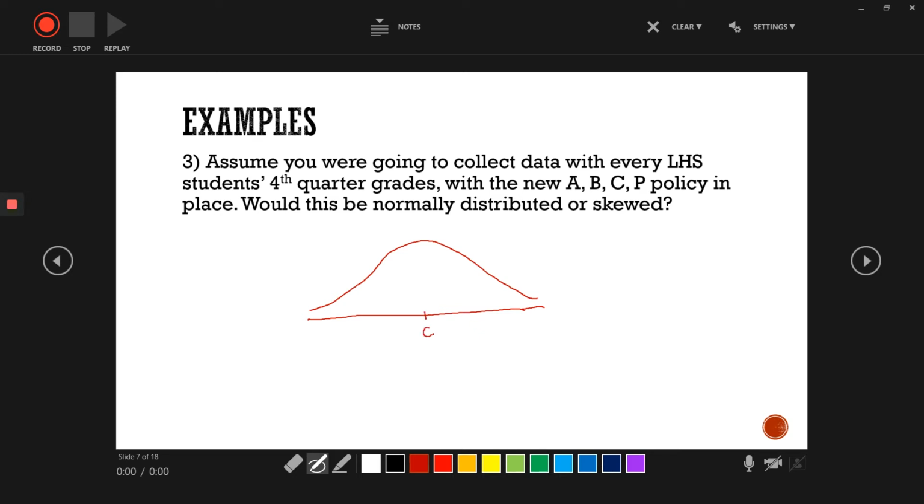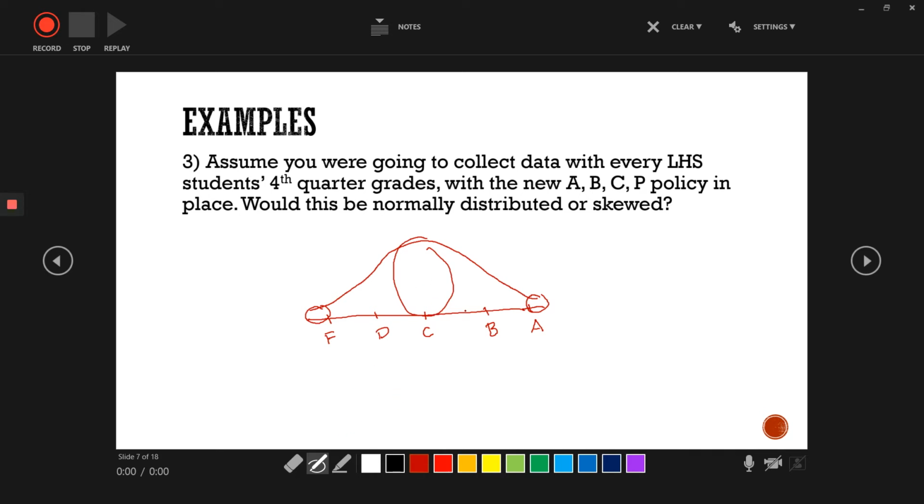What it used to be is that C was in the center, and then you had D and F down here, B and A right here. And so they would actually take students and rank them top to bottom, right? Students who were in the middle were given C's. Only the very top students were given A's, only the very bottom students were given F. They would normally distribute the students' grades, right?